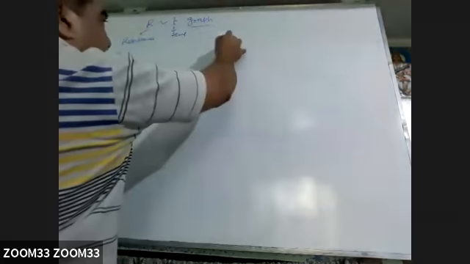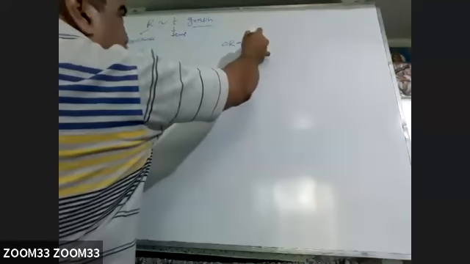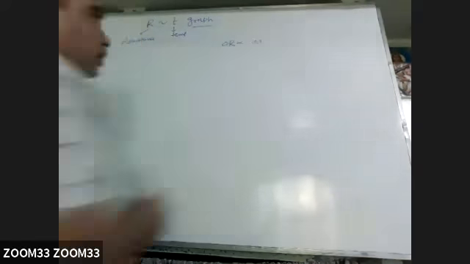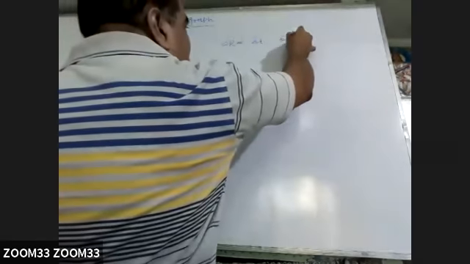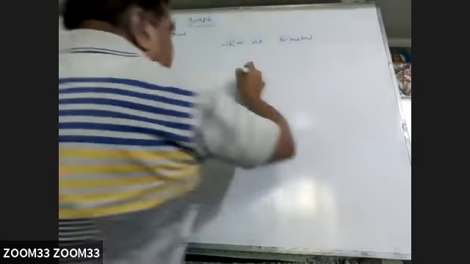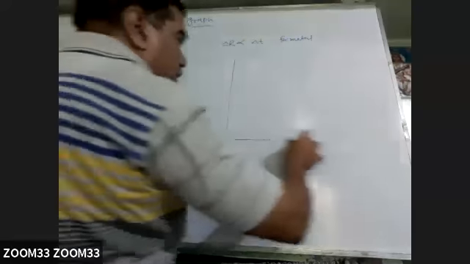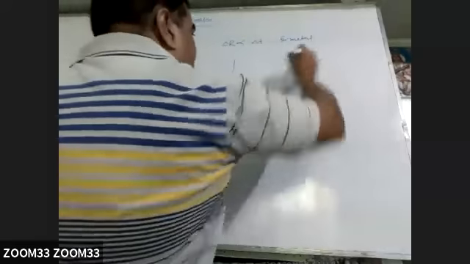As in the case of metal, delta R is directly proportional to delta T, so for metal its graph is like this.